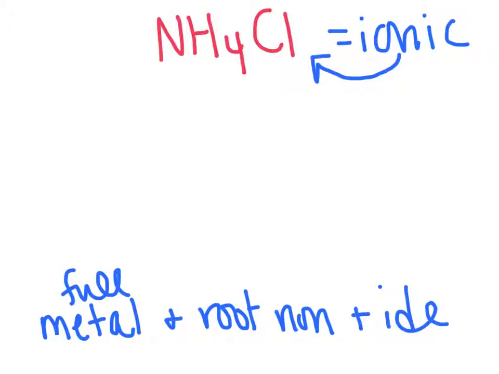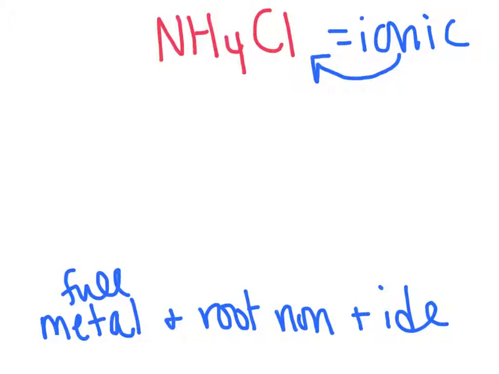Okay? So first, how did I even know that this contained a polyatomic ion? How do I train my brain to know and say polyatomic ion is in there? Well, you just ask yourself, how many elements do I see? I have nitrogen, hydrogen, and chlorine. That's 3 elements.